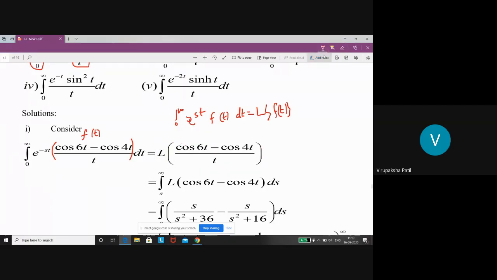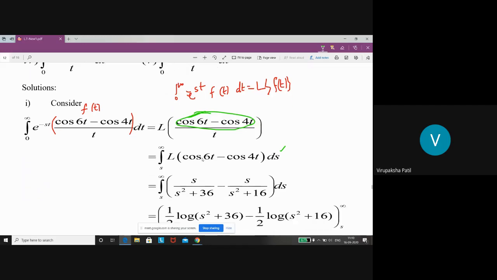You have to treat your numerator, this quantity, as f of t, and divided by t means you are going to do integration s to infinity Laplace transform of f of t. That is L of cos 6t minus cos 4t with respect to s.